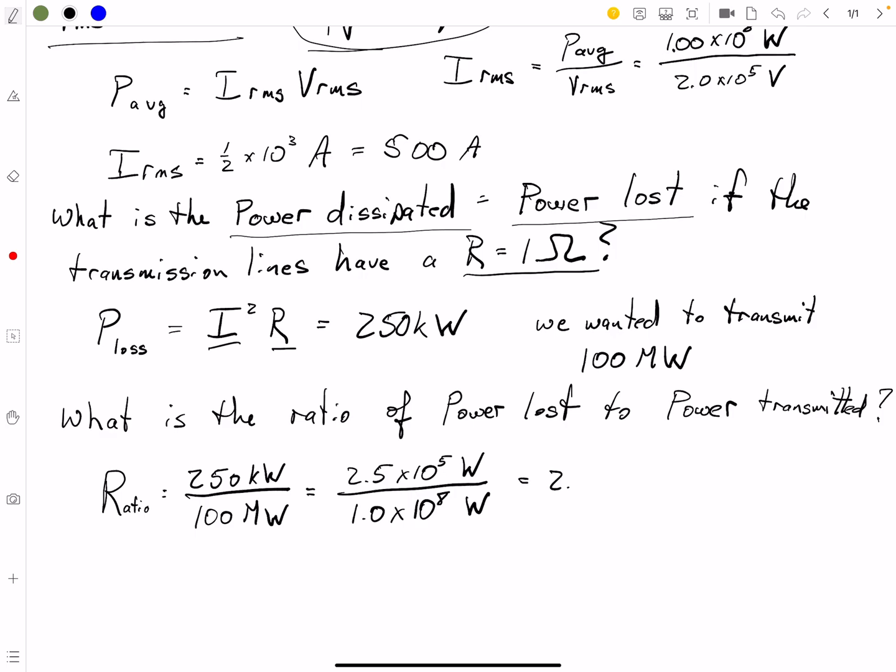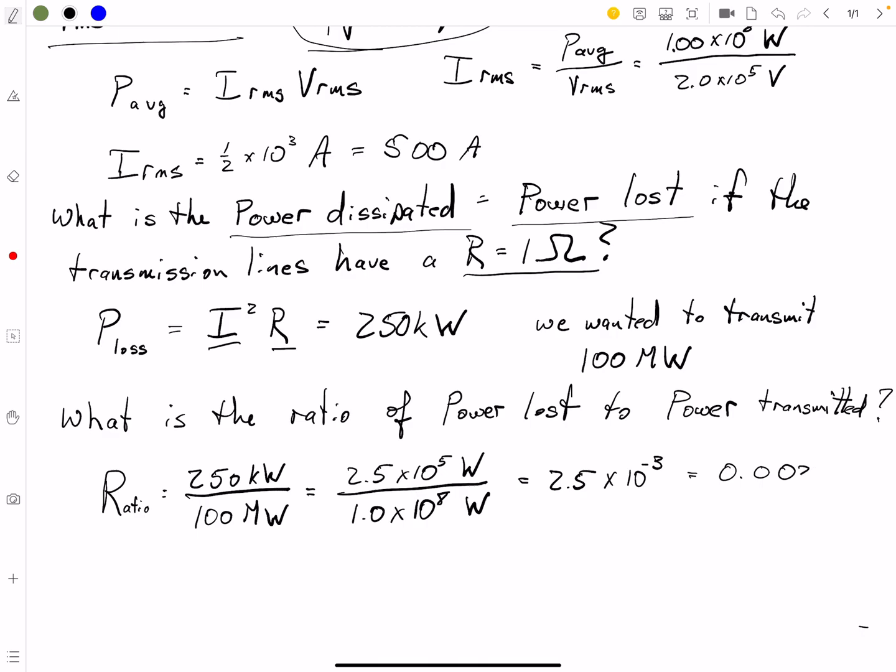That leaves us with 2.5, because 2.5 divided by 1 is 2.5, and then we're going to multiply that by 10 to the minus 3. And if we want the percentage, let's move some decimals over.